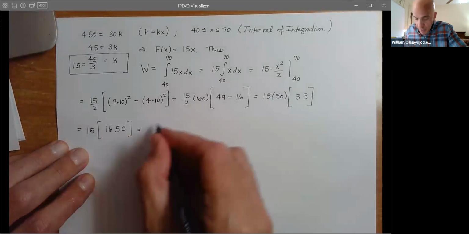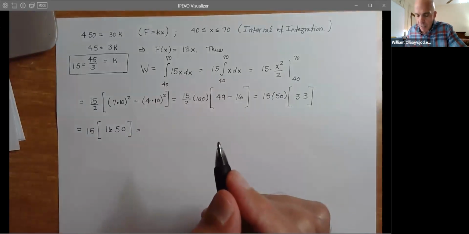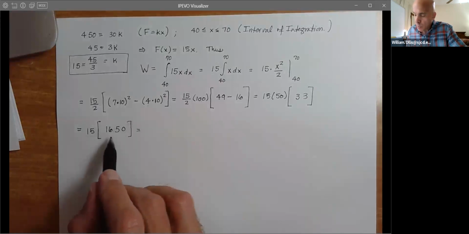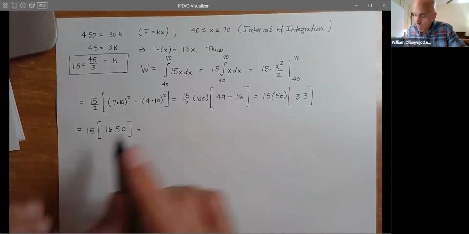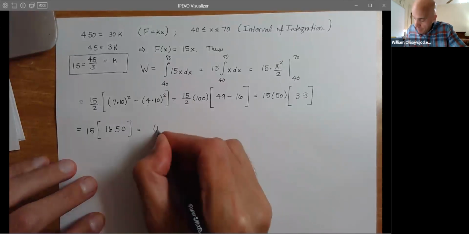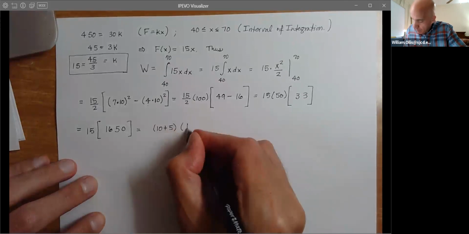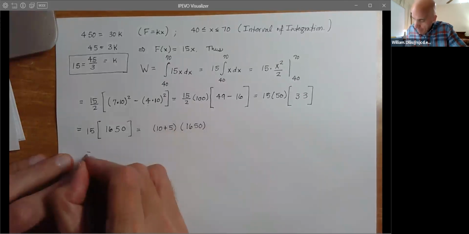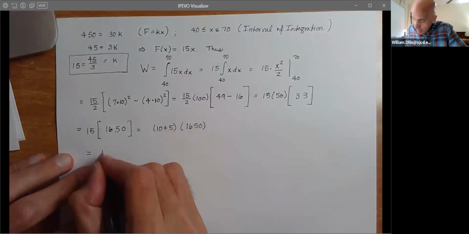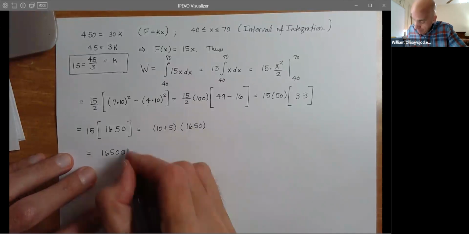So now we can break this up into pieces. What I normally do, and this is up to you, since this is the smaller number, I can write this as 10 plus 5. Make it a little bit easier. So multiplication by 10 is easy. That will be 1650 with an extra 0.